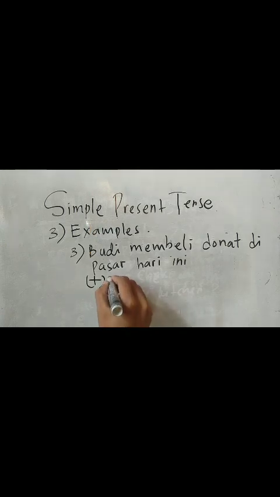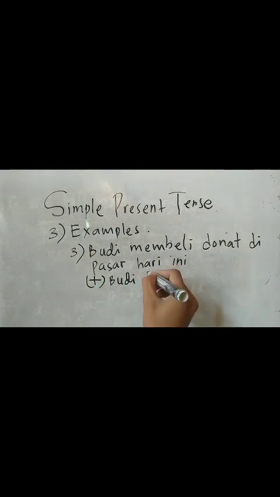The positive: Budi is Budi, membeli is buy, because we use verb 1. Remember again that when we make examples for she, he, it, we will put s. So the question is, for Budi, do we have to put s or not after the verb? Yes, we have to put s, because Budi is a single person.